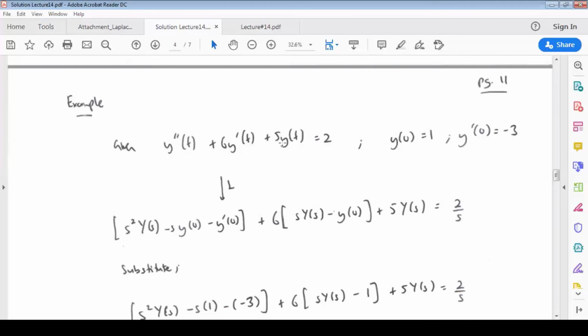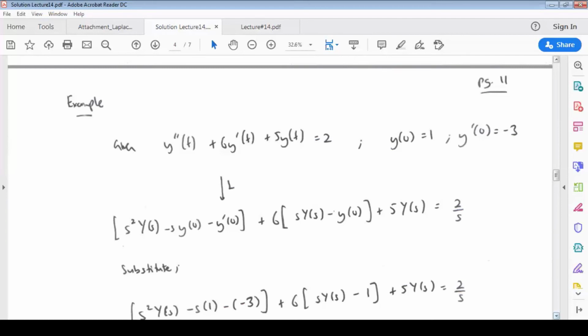The third term, 5y(t), will give us 5 Y(s), and 2 will give us 2 over s. 2 is considered to be a constant, a step function, 2u(t), so the Laplace transform is 2 over s.